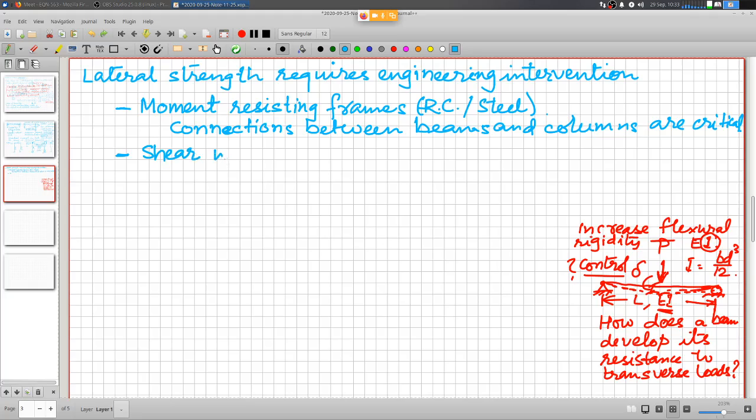We use shear walls. So what is a shear wall? Shear wall, if I draw, tall buildings will typically have these shear walls.